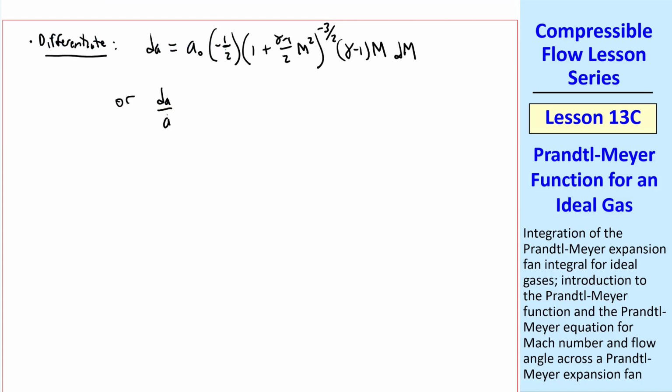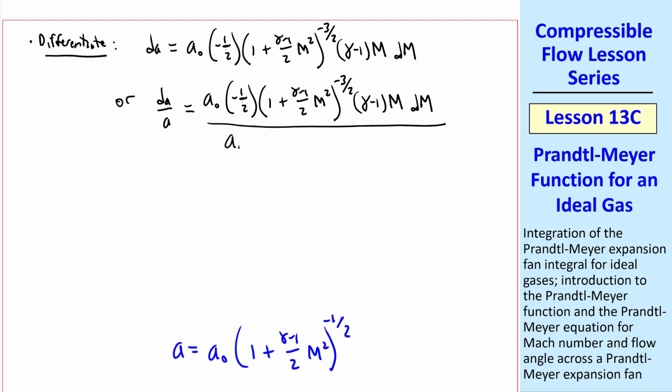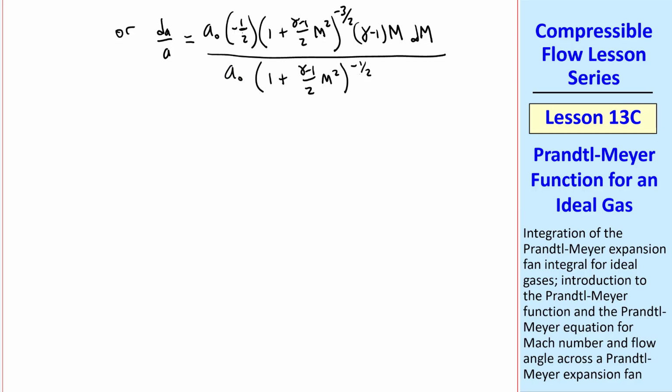Dividing by a, we get this for the numerator, and we'll write the denominator as a naught times 1 plus gamma minus 1 over 2 M squared to the negative 1/2. Well, the a naughts cancel, and we can group these terms together. We get da over a is negative gamma minus 1 over 2, 1 plus gamma minus 1 over 2 M squared to the negative 1, M dM.